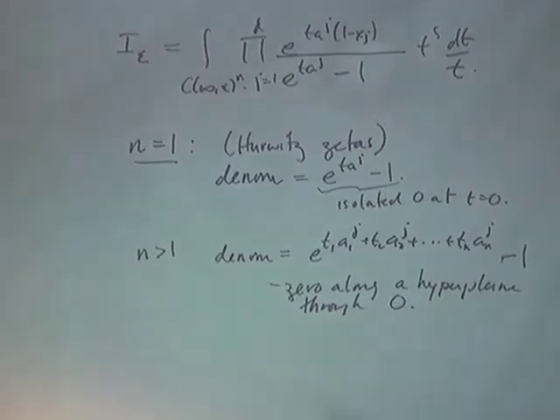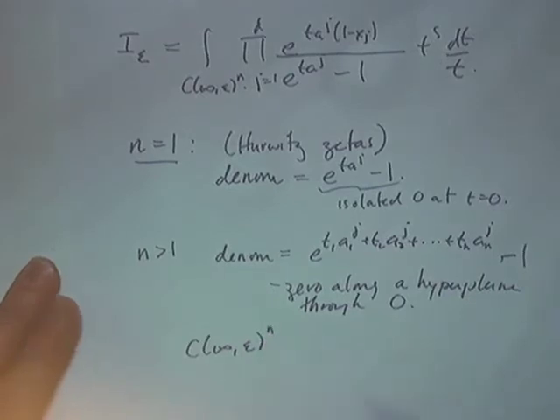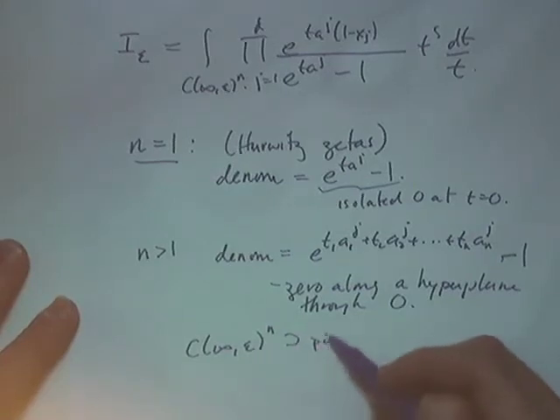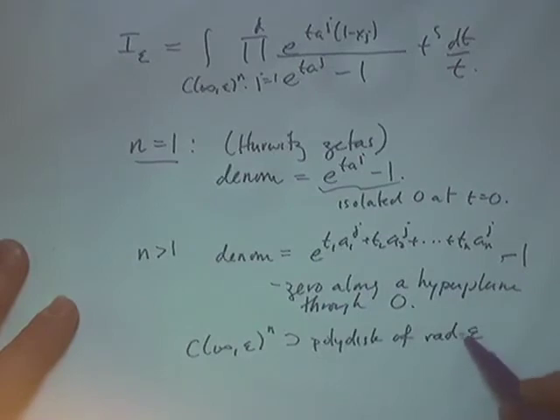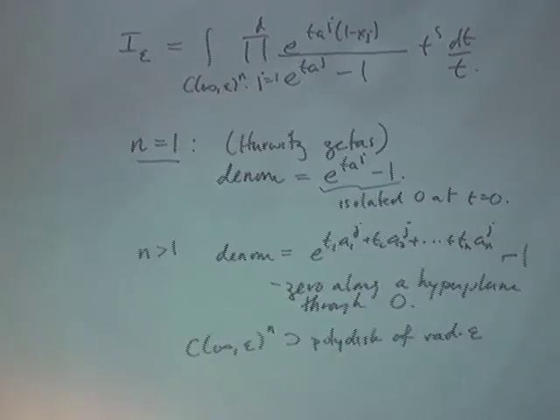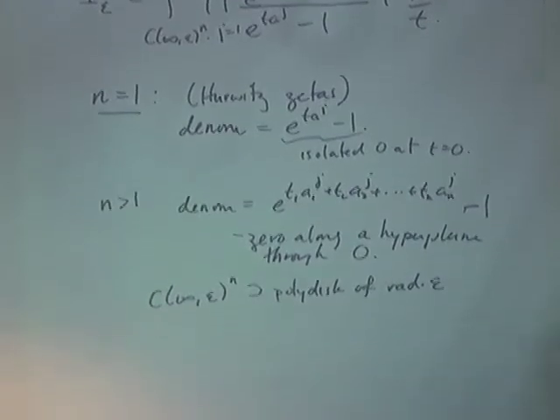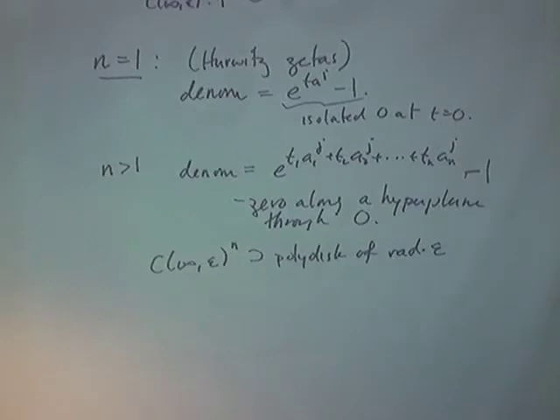All right, and a product of n copies of the Hankel contour. Well, a piece of this is the polydisk of radius epsilon. But any polydisk of radius epsilon around the origin will intersect this hyperplane along which the integrand is singular.